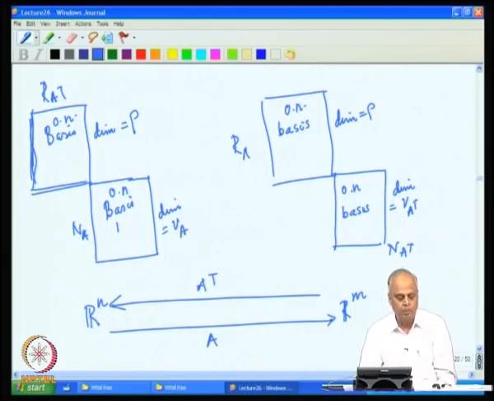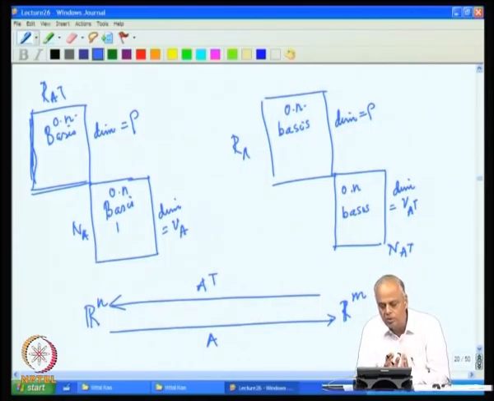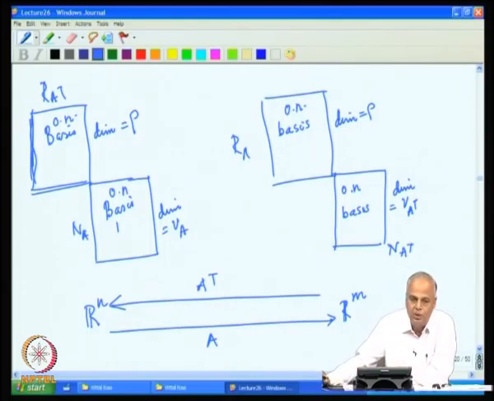So, therefore, the main analysis of the matrix will boil down to finding suitable orthonormal bases for these 4 subspaces, 2 subspaces on the R n side and 2 subspaces on the R m side, and it is this analysis of finding a suitable orthonormal basis which will occupy our attention for almost the rest of the course.